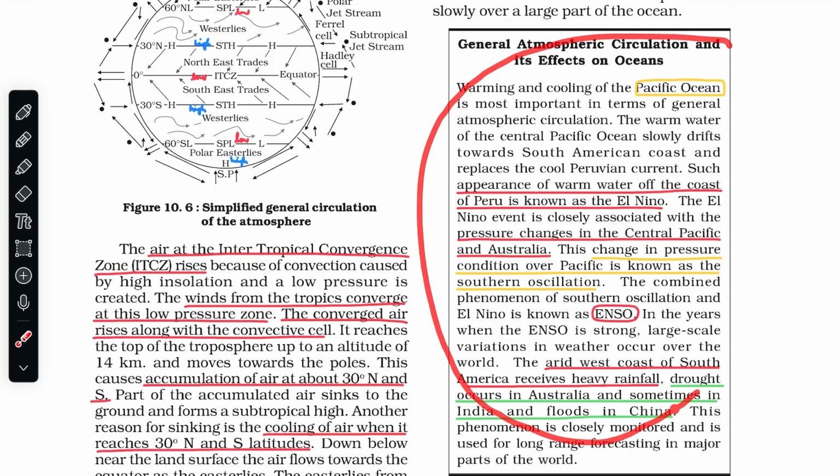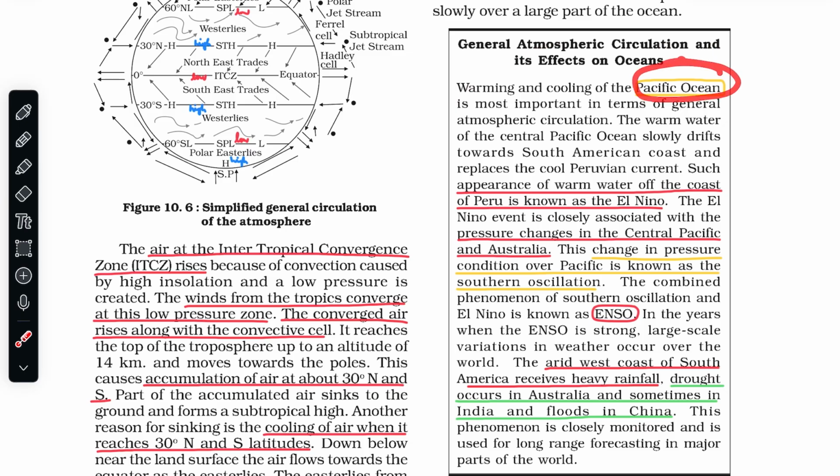So this paragraph is about ENSO, El Nino Southern Oscillation. The warming and cooling of the Pacific Ocean is most important in terms of the general atmospheric circulation. The warm water of the central Pacific Ocean slowly drifts towards the South American coast and replaces the cool Peruvian currents.